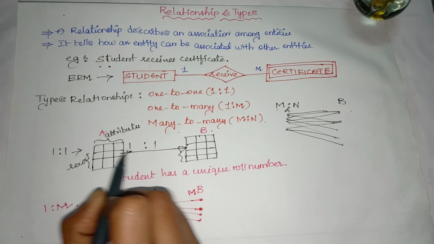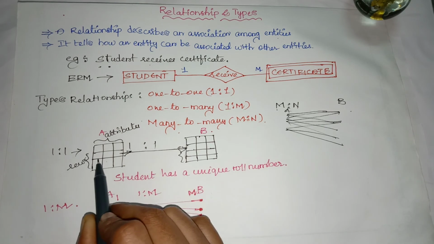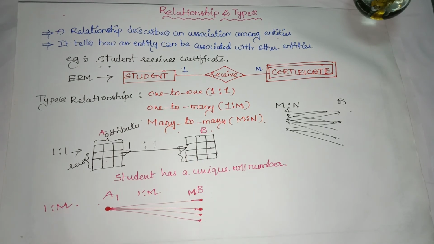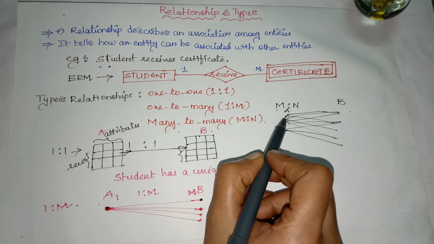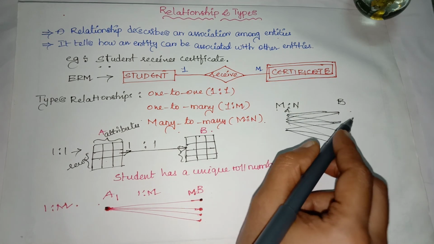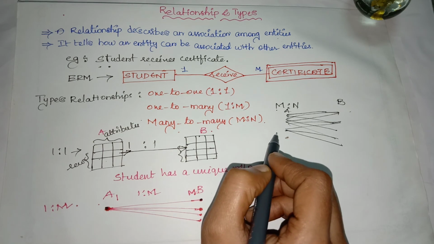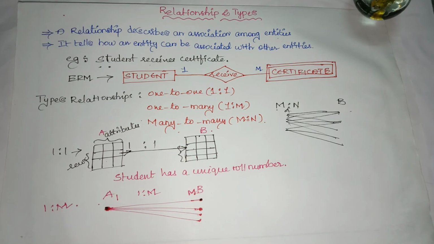If only one record matches one, from both sides, from table A to B and B to A, it is one-to-one. One-to-many is one record having many matching records in table B, while from that side there should be only one. In many-to-many, many records of table A match with many records of table B, and at the same time many records of table B match with many records of table A. This is the concept of relationships and types of relationships.